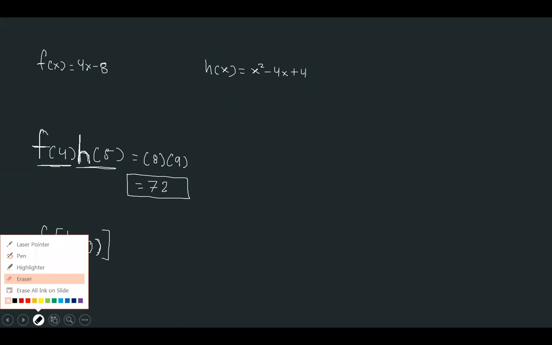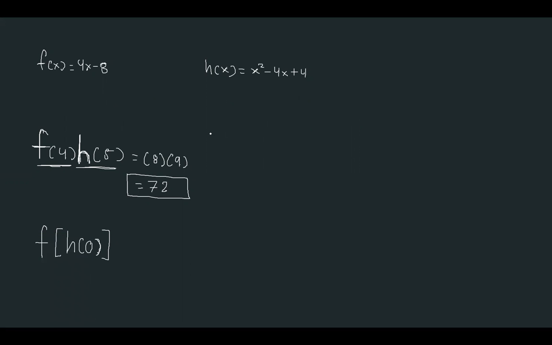First, let's find h of 0. We're going to substitute 0 for the x here. So we have 0 squared minus 4 times 0 plus 4. You will have 0 minus 0, because 4 times 0 is 0, plus 4.